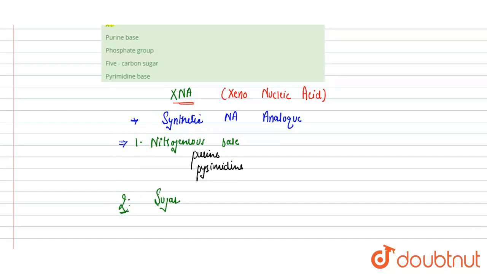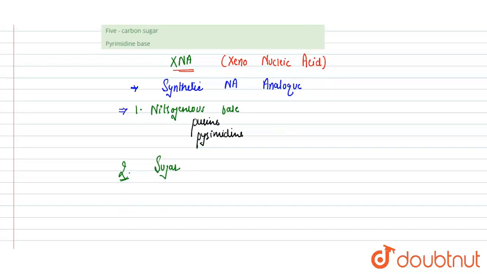It is a pentose sugar, it could be ribose or D-ribose. And the third component it contains is the phosphate molecule. So in natural nucleic acid, these 3 are the components.